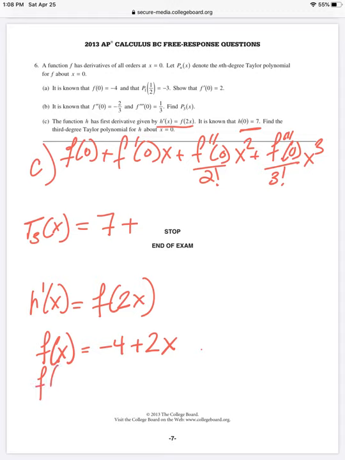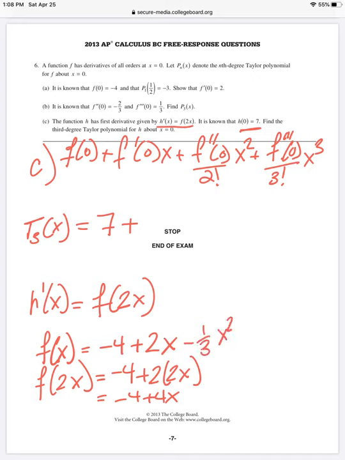So if I do f of 2x, that's going to be negative 4 plus 2, instead of x, that would be 2x. So negative 4 plus 2x minus 1/3 x squared plus 1/18 x cubed. That was our f of x.